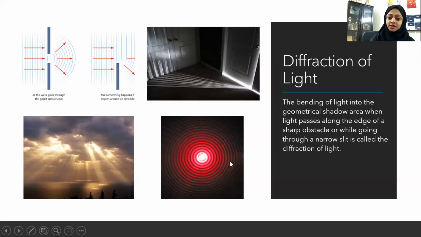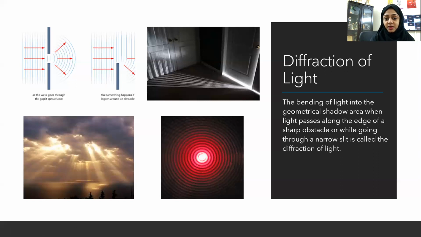Here you can see a picture. This is a diffraction pattern produced in a laboratory while light passes through a small round slit. Here you can see a central maximum or maximum intensity at the center where light rays come directly through the slit.